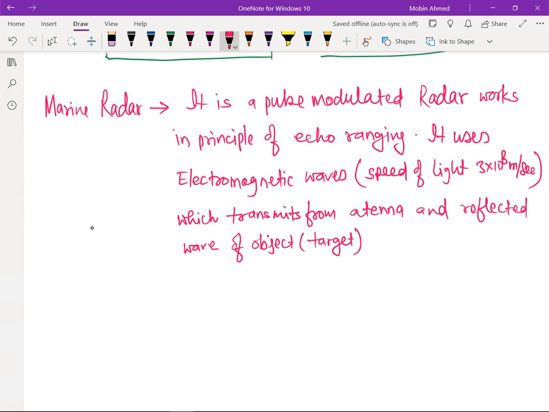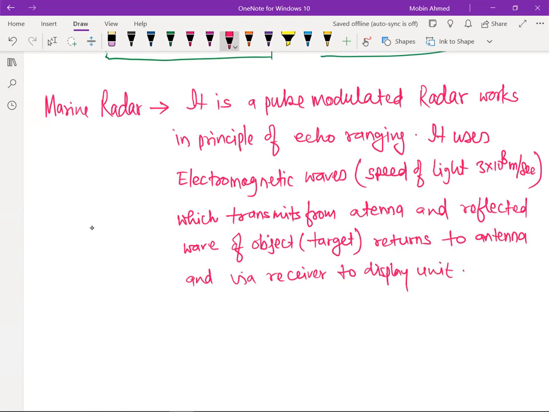It is reflected back from the object and returns to the antenna, and via the receiver to the display unit.